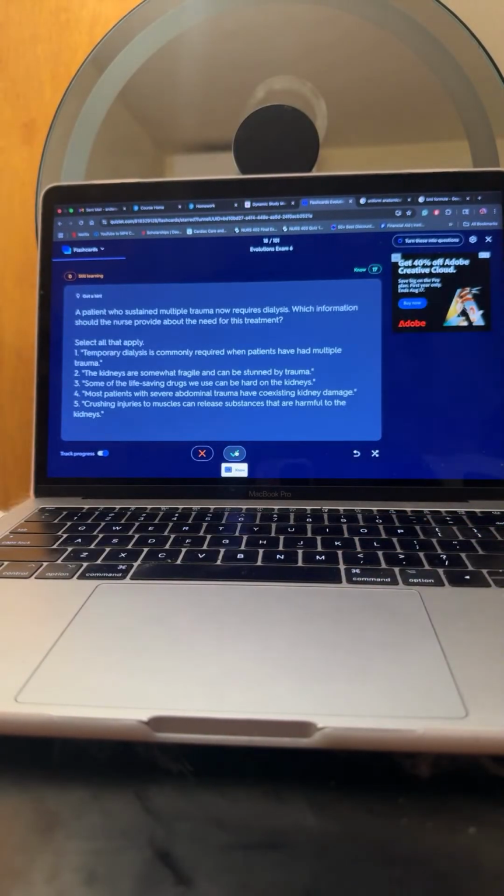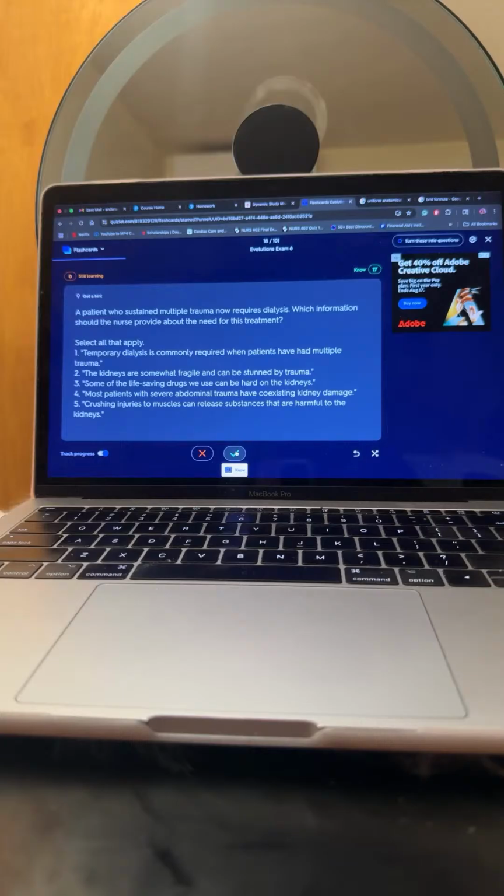So perfect for that. A patient who sustained multiple trauma now requires dialysis. Which information should a nurse provide about the need for this treatment? Select all that apply. Temporary dialysis is commonly required when patients have had multiple traumas. Yes, the kidneys are somewhat fragile and can be stunned by trauma.